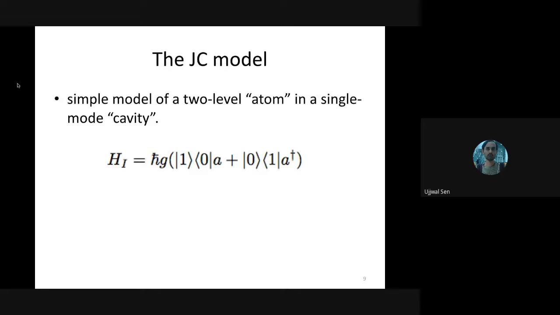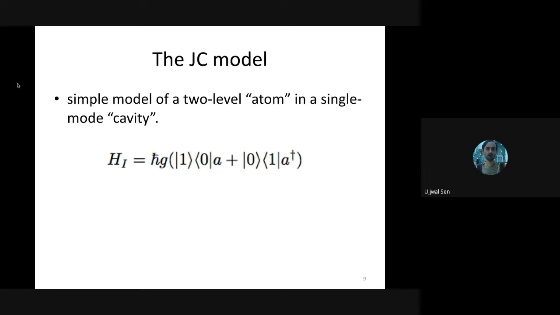And that is kept in a single mode cavity. Again, this is a difficult thing to do in practice, but we assume that it is possible. And then we also assume that the interaction between this two-level atom and the single mode cavity is given by this interaction Hamiltonian. So this H bar is h-bar, and this g is the interaction strength.